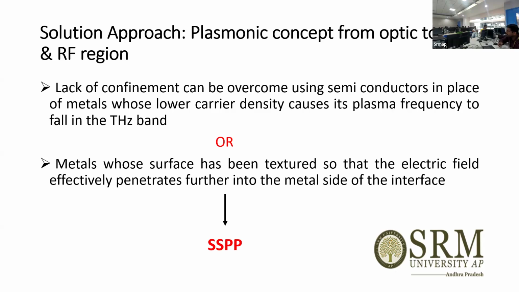Spoof surface plasmon polaritons are artificially designed engineered structures that produce the equivalent characteristics of surface plasmon polaritons down to the lower frequency range. Here the top metallic surface is textured in such a way that the electromagnetic wave can effectively penetrate throughout the waveguide surface.